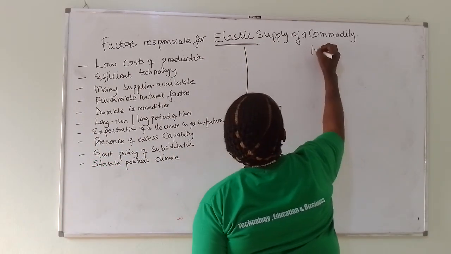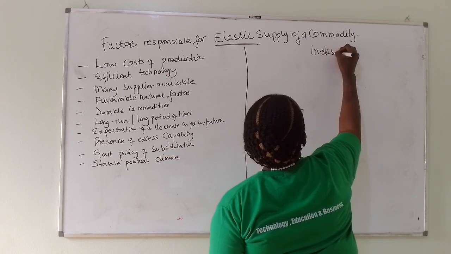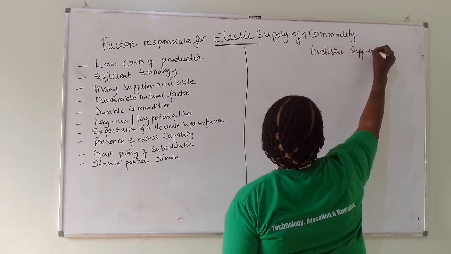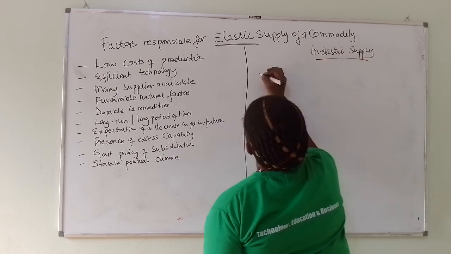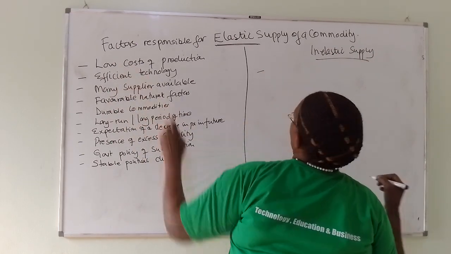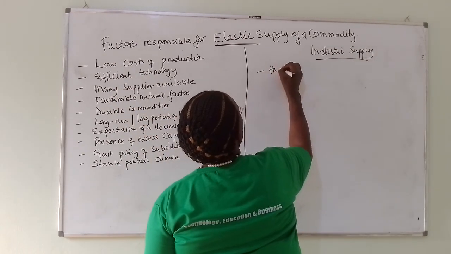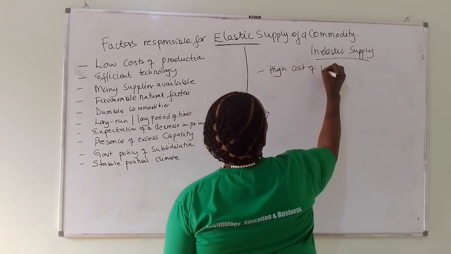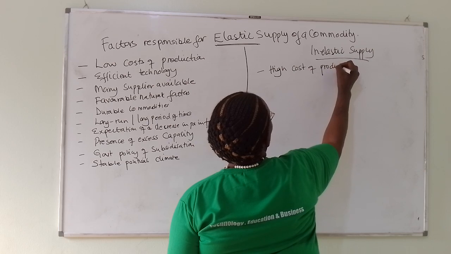What about inelastic supply? If here they are low, here they are going to be high. Cost of production.